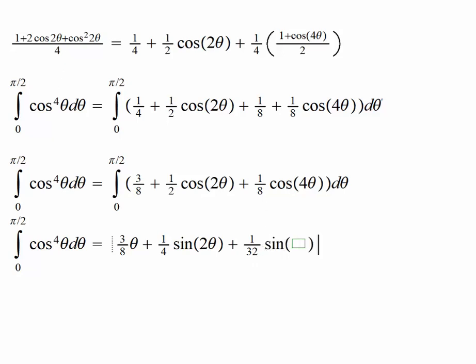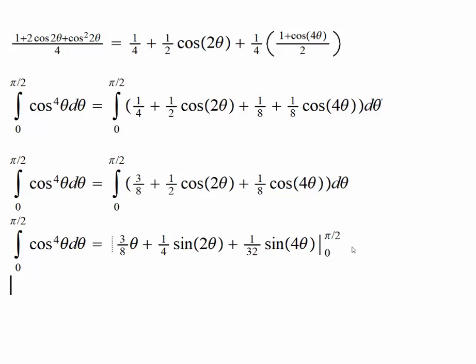And now I'm just going to say something verbally, knowing how well you have progressed into these techniques: sine 2 theta at pi over 2 is 0. Sine of 4 theta at pi over 2 would be sine of 2 theta. That will be 0. And at 0, both of these are 0, right?